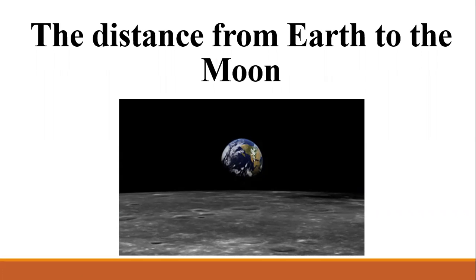Looking at the photograph, the distance from Earth to the moon may seem immense, right? It may seem immense, but it is just a tiny fraction of the distances from Earth to other celestial bodies. Meaning, the range of objects and phenomena studied in physics is immense.